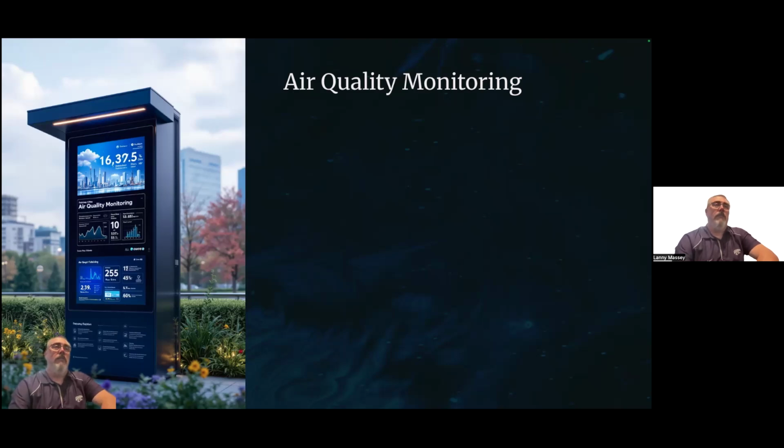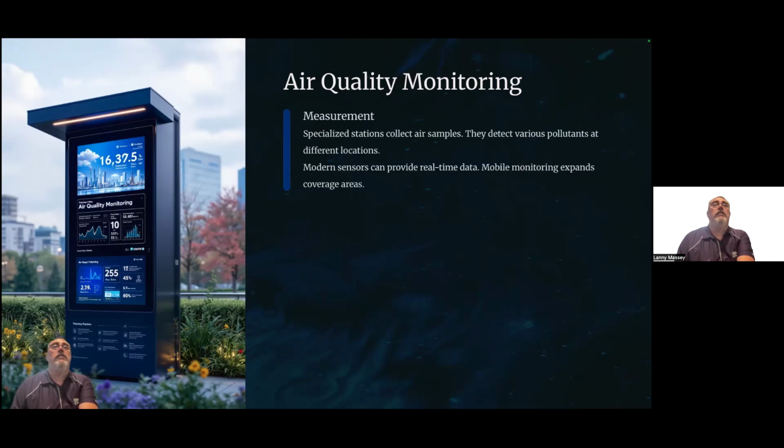Out here where I live, they'll talk about pollen counts in particular, just because people that have seasonal allergies need to be aware of how much pollen is in the air, because that does affect whether they want to be outside or not. So those are important things to recognize.